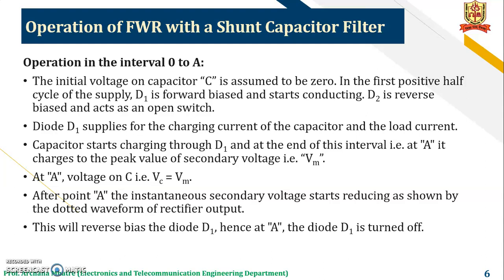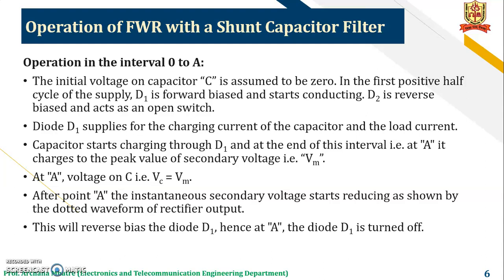Capacitor starts charging through D1, and at the end of this interval, that is at A, it charges to the peak value of the secondary voltage Vm. At point A, voltage on capacitor is equal to maximum voltage Vm.